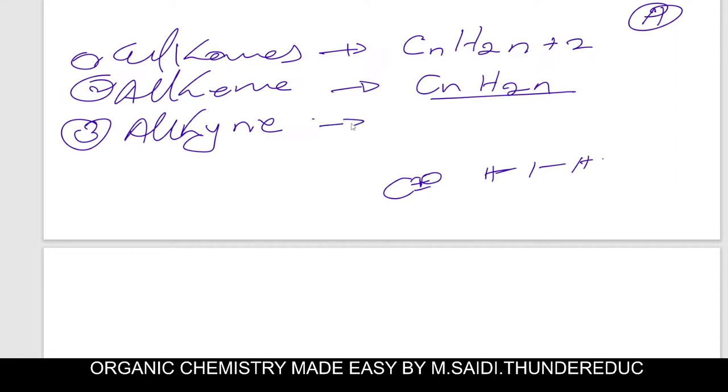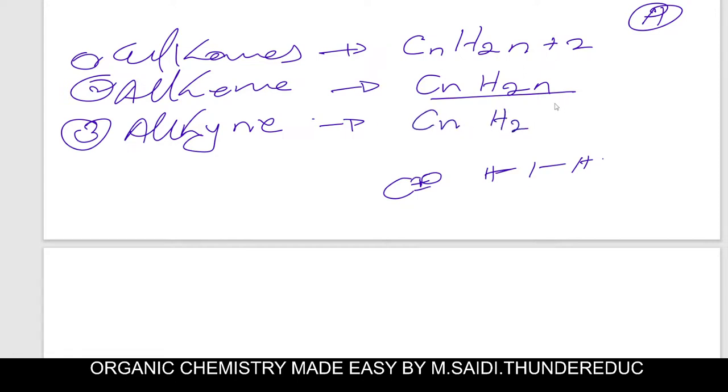Then alkynes, because they have a triple bond, it means that they are losing more. Alkynes are short of 2 hydrogens compared to alkenes. Therefore, CnH2n-2.